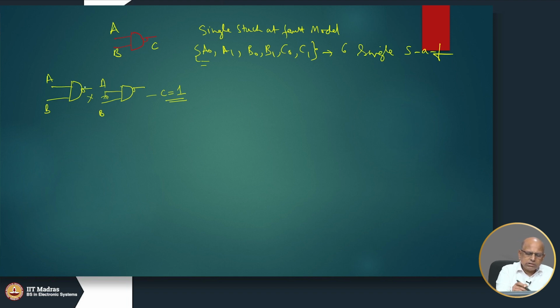So, what will cause this to become 0? 1 1. So, apply 1 1, measure output. If it is 0, A0 does not exist.